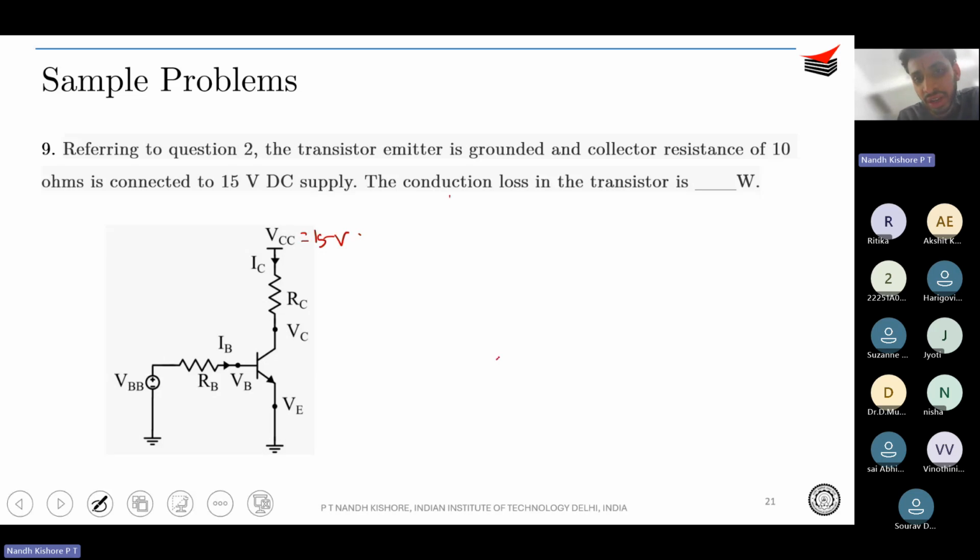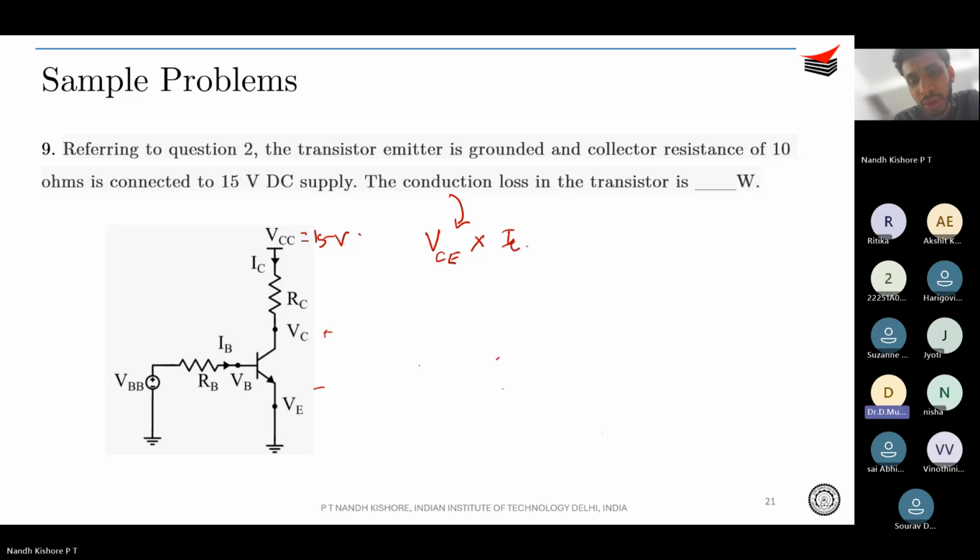So first of all, there is going to be a definite VCE drop. So loss is going to be VCE multiplied by IC. Okay, so this is the conduction loss of the transistor. We need to find out what is VCE, multiply with IC, you get the answer.